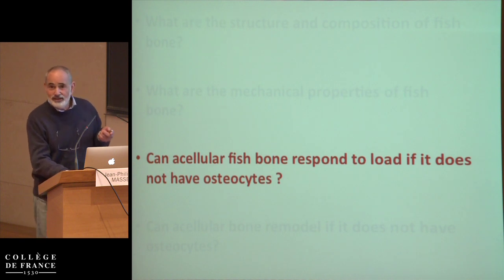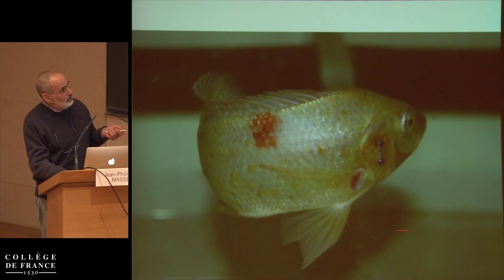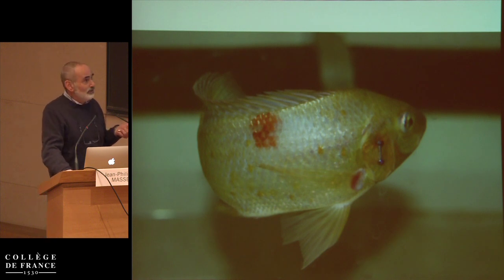Now, just briefly, two biological points of interest. First of all is, the equivalent is if a fish starts playing tennis, will its bones be thicker? So we can't teach them tennis, but what we did is we put screws in the gill bone, in the gill cover, and put a spring between them that applies, by the way, nickel titanium, so I want to fit in with the metallurgists.